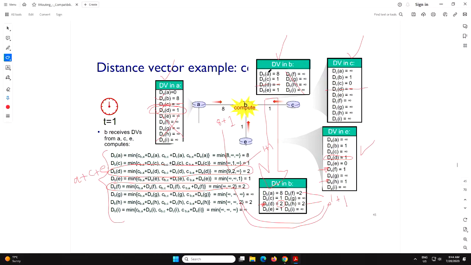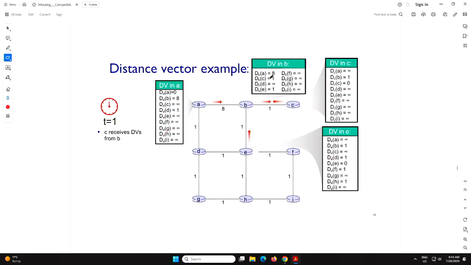Remember that every 30 seconds or so they will compute, update and then retransmit. So we want to see how C would update if it received the original routing table from B, because the time is still T. So we are looking at the updates still at time T, but this time for C.